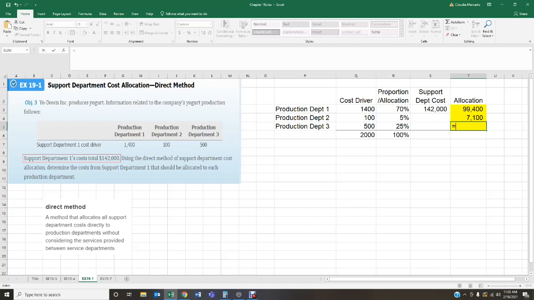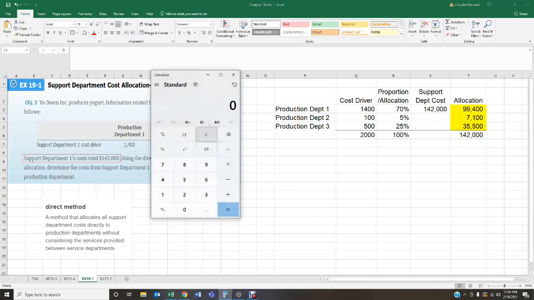You're always going to get your 142,000 times the allocation percentage. In this case for department 3, it's 25%, and that gives me 35,500. Okay, so that gives me 142,000, which is the cost that I'm splitting amongst the three departments.